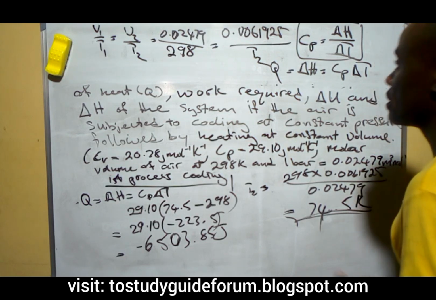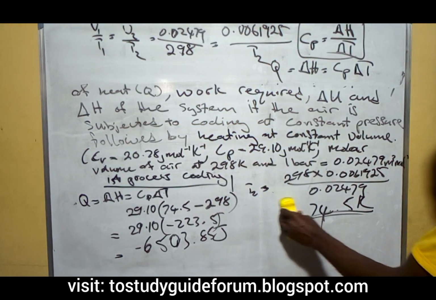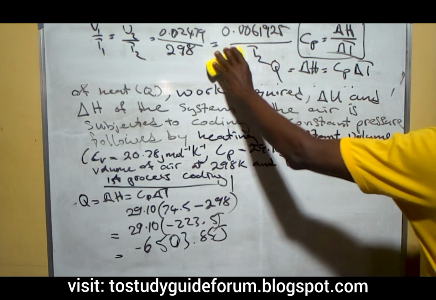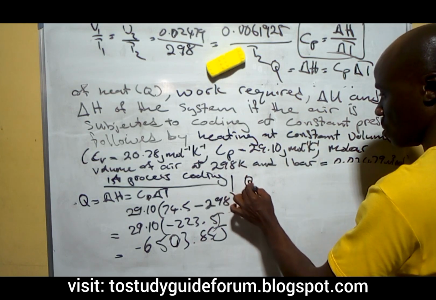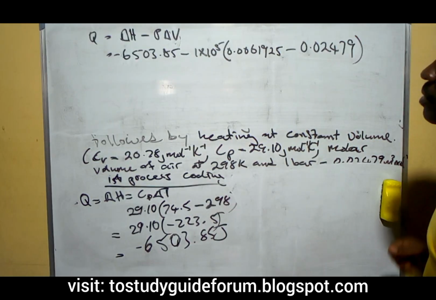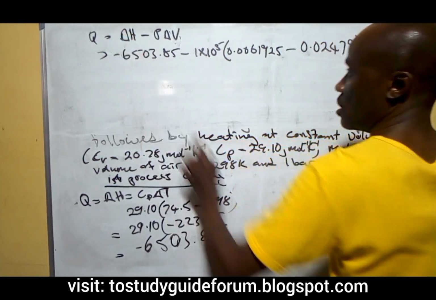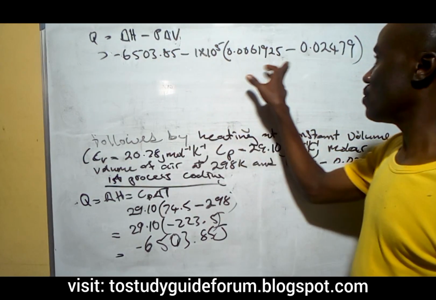We know that quantity of heat can also be equal to, I think this one is a bit better now. We have it to be a change in enthalpy. This is the pressure and the change in volume.